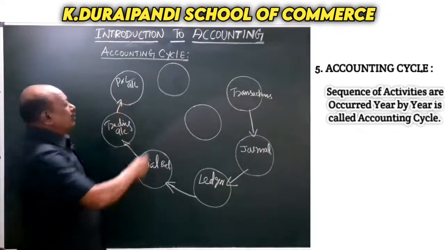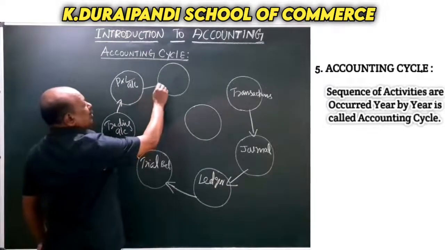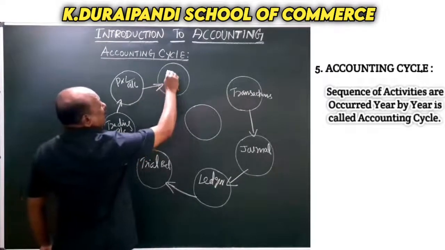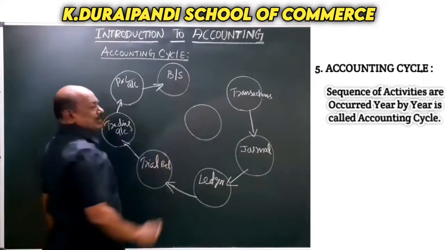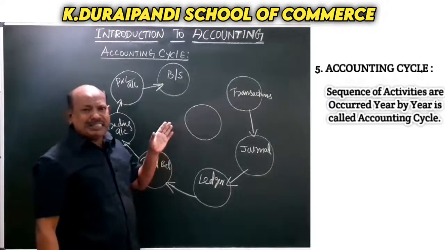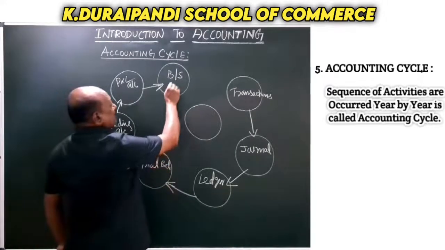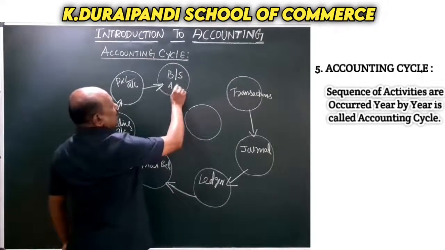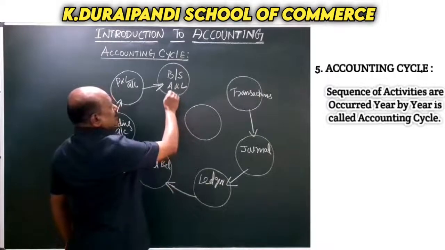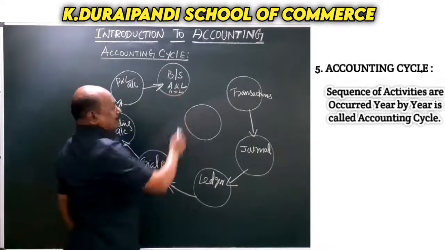Then after preparing the profit and loss account, we have to prepare the balance sheet. Balance sheet is the financial statement which consists of assets and liabilities, that is, assets equal to liabilities.